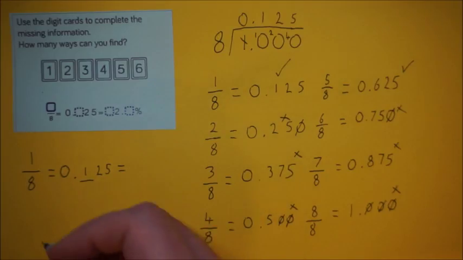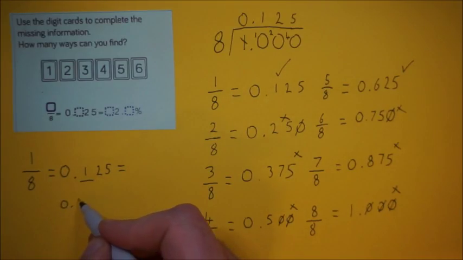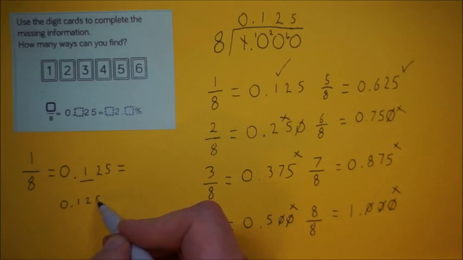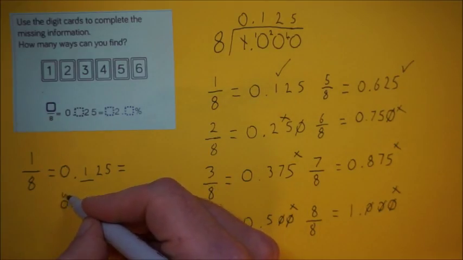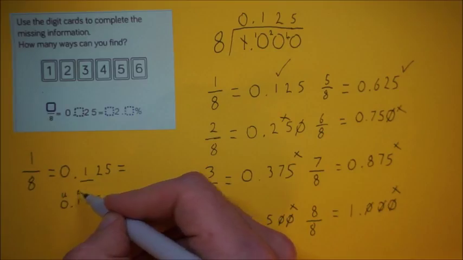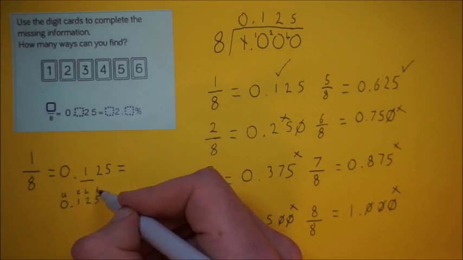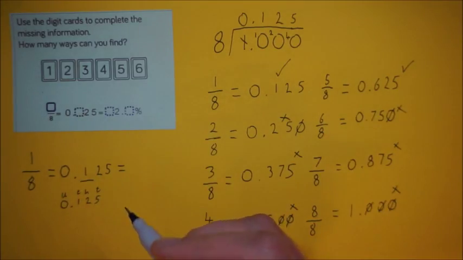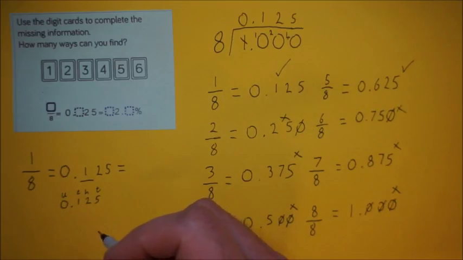So I'm going to take my 0.125, label my columns, units, tenths, hundredths, thousandths, and jump 2 spaces to the left.